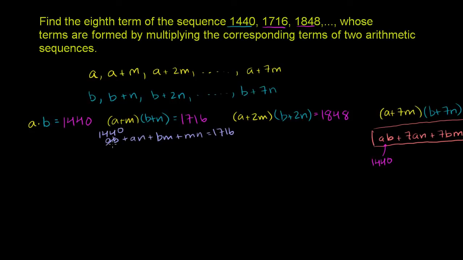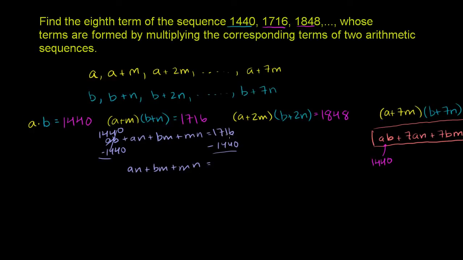So let's subtract 1440 from both sides of this equation. These guys obviously cancel out. The left-hand side becomes an plus bm plus mn is equal to, let's see, the thousands cancel out.